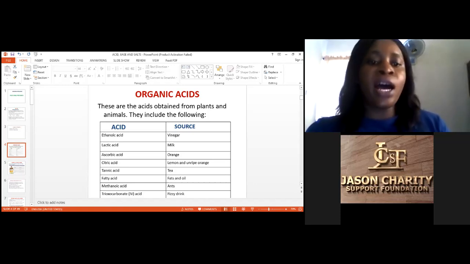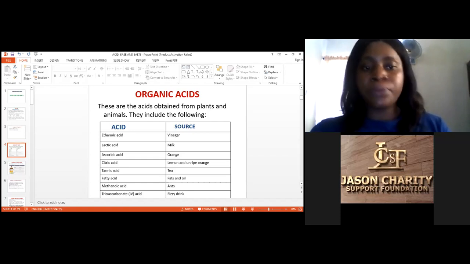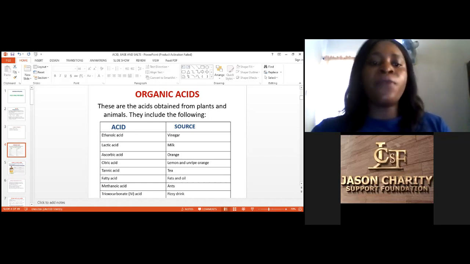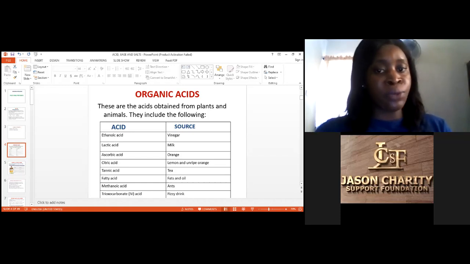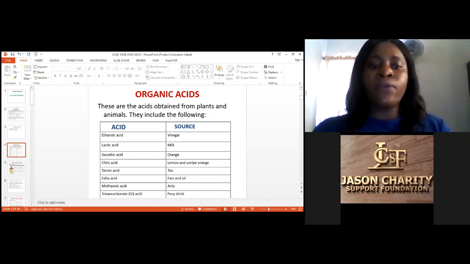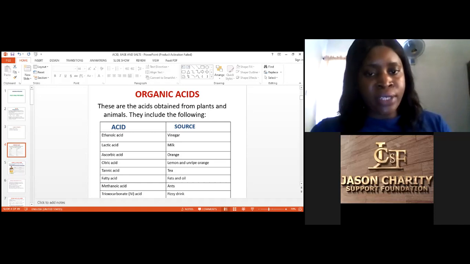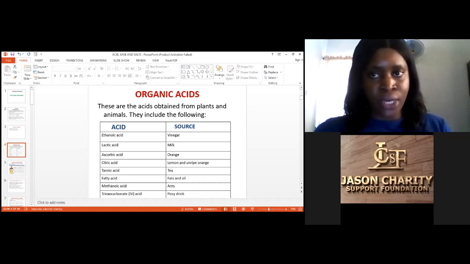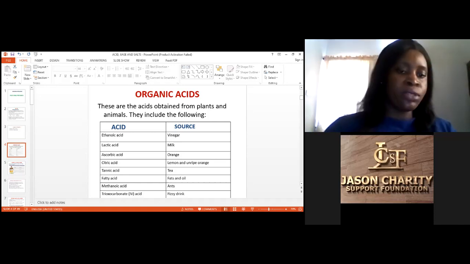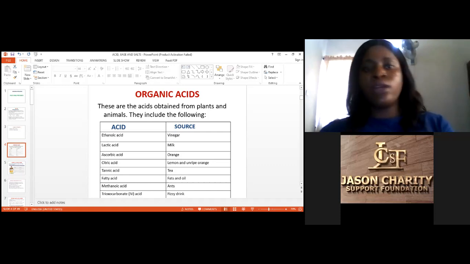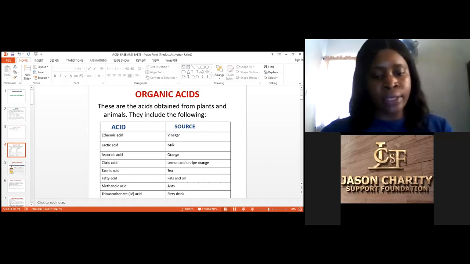Now we also have what we call the tannic acid, which is gotten from tea, and then the fatty acid, which is gotten from fats and oil. And then we have the methanoic acid that can also be obtained from ants. And then we also have trioxocarbonate 4 acid that is gotten from fizzy drink. So these are some examples of organic acids.